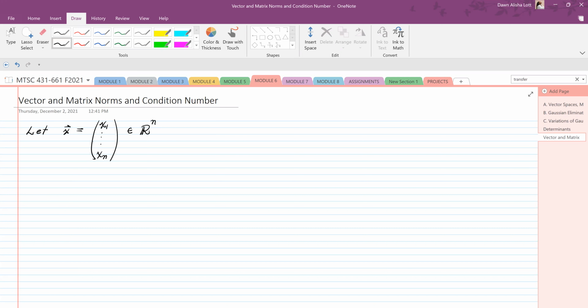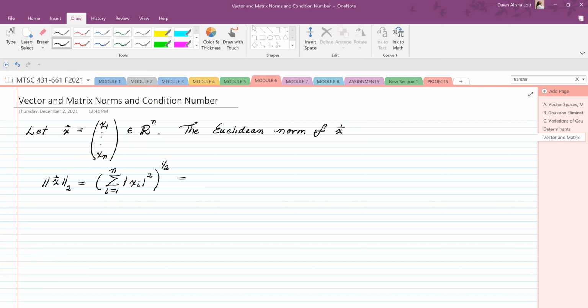Then we can talk about the Euclidean norm, which is just the sum from i equals 1 to n of the absolute value of xi squared, all raised to the 1/2 power.